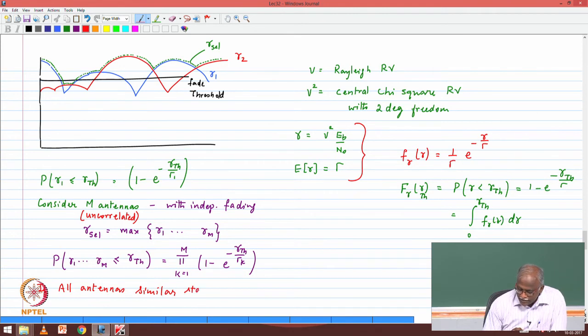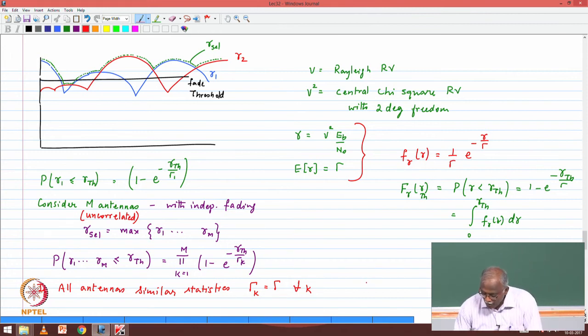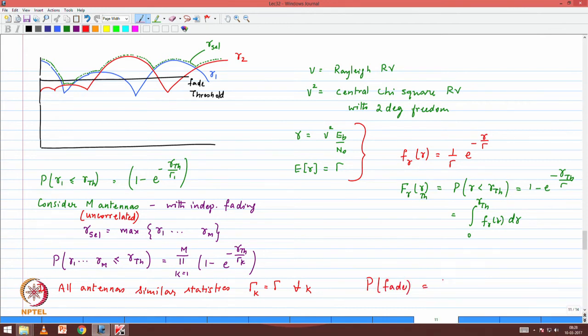Similar statistics, that's the same as saying gamma k is equal to gamma for all values of k. That means all of them are seeing the same average SNR. Then the probability of a fade, that is all of them being below the threshold, will be equal to 1 minus e power minus gamma threshold by gamma, raised to the power m.